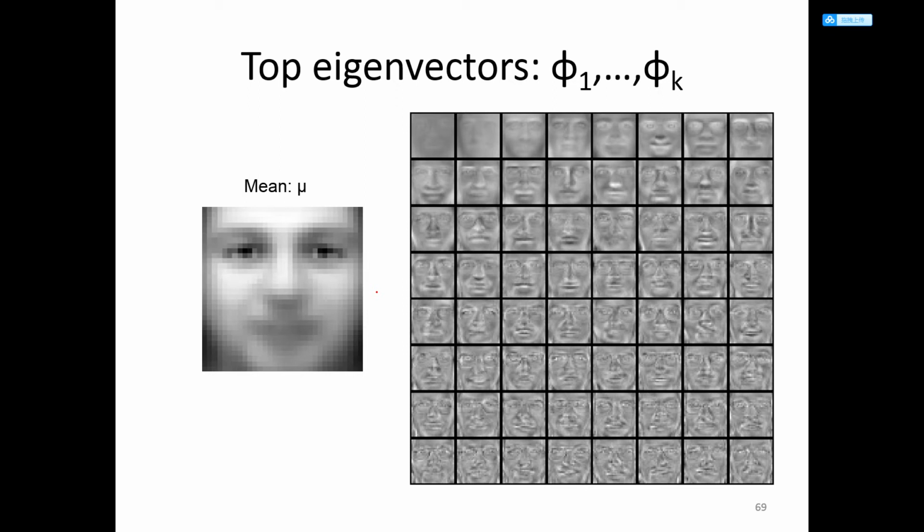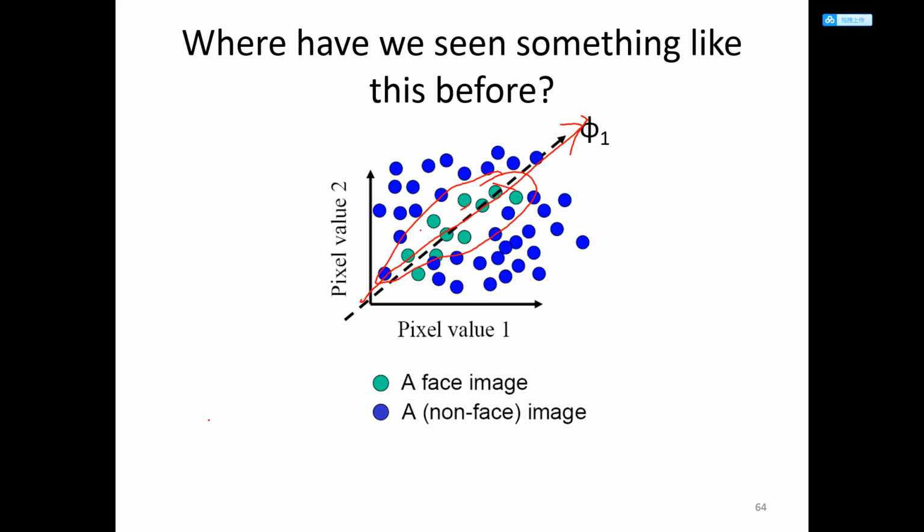For the principal component analysis, each of these faces is 100 by 100 dimensions, right? So let me go back to this 2D picture. Each of these dimensions, along this direction, will correspond to some kind of face also.